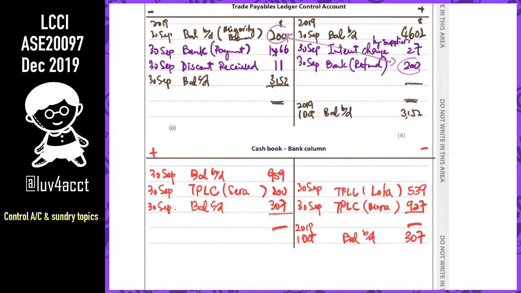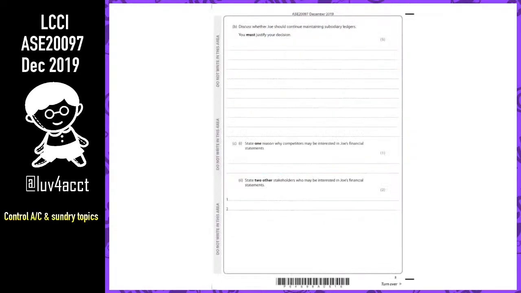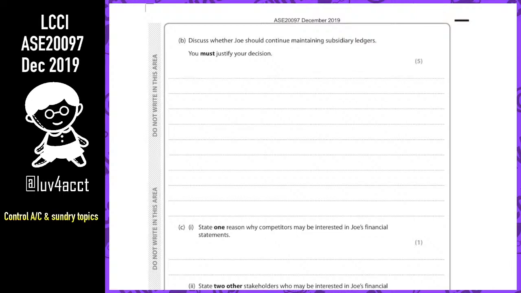Okay, so finish these 11 marks, then we go on to the explanation questions. Discuss whether Joe should continue maintaining subsidiary ledgers. Okay, so should he do that?